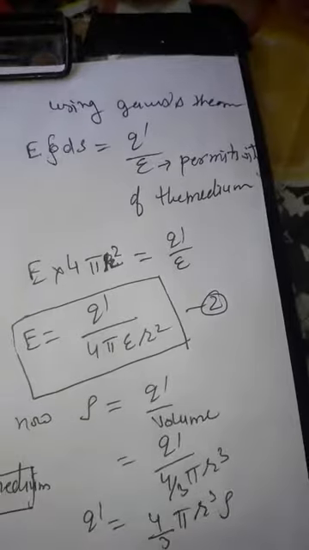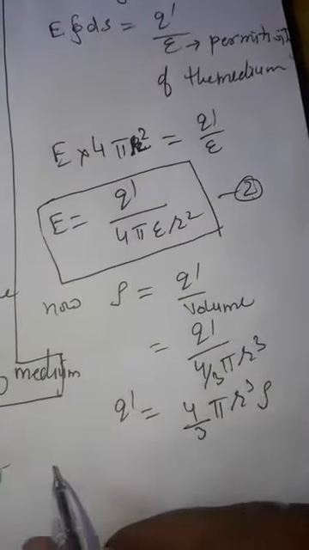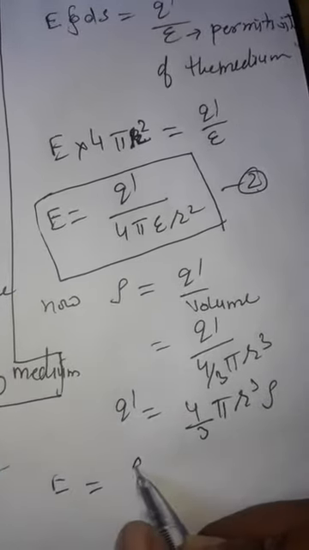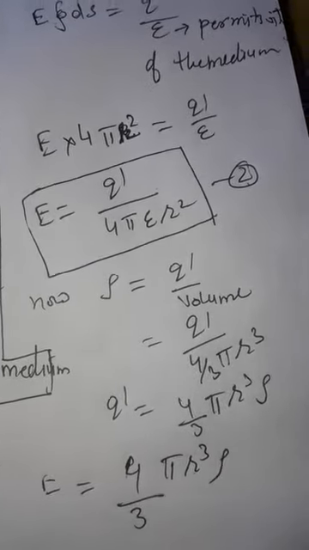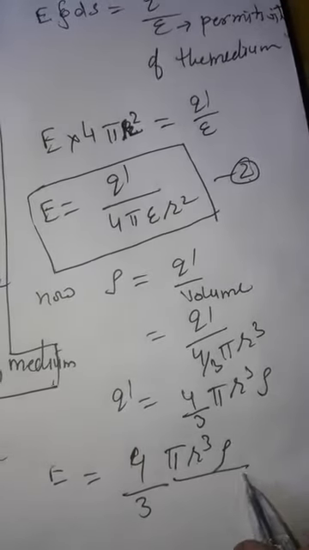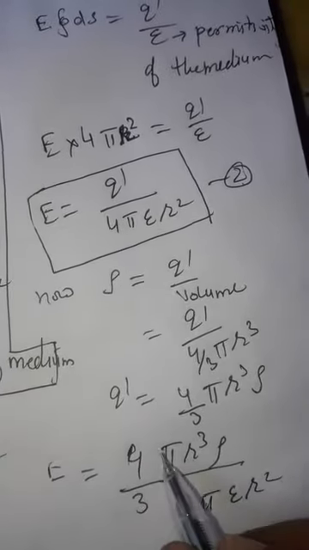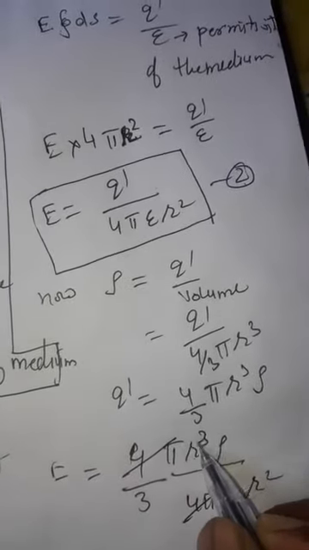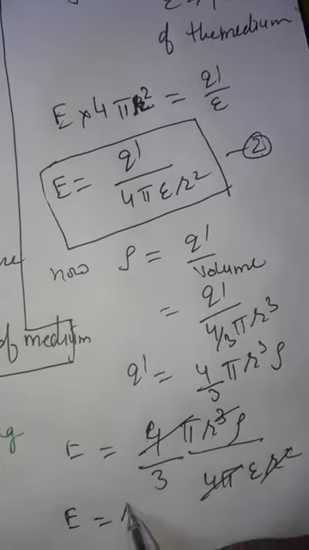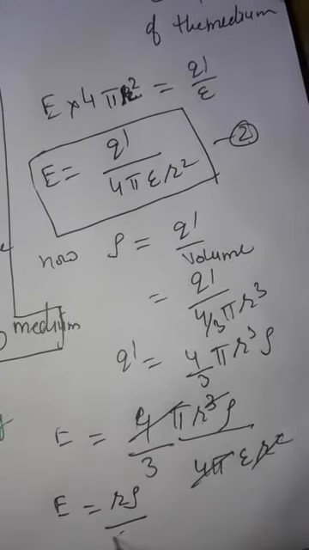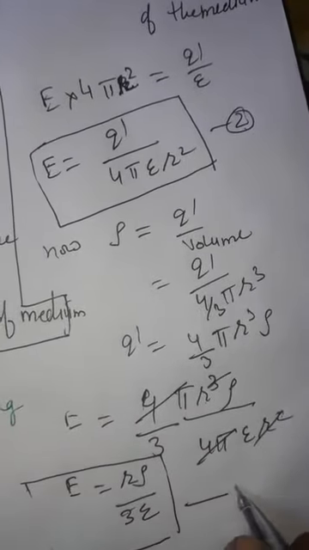Putting this value of q dash in equation second, we get the electric field as 4 by 3 pi r cube rho upon 4 pi epsilon r square. The 4 pi cancels out, and r square also cancels, so the electric field is E equals r rho upon 3 epsilon. This is equation number third.